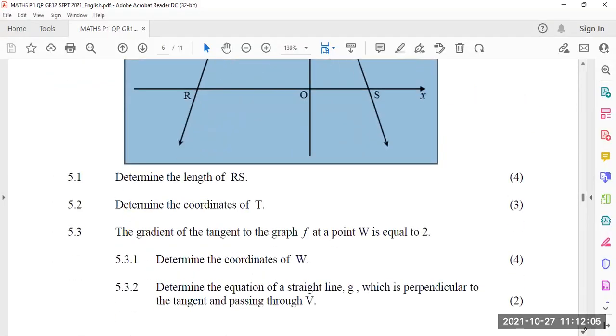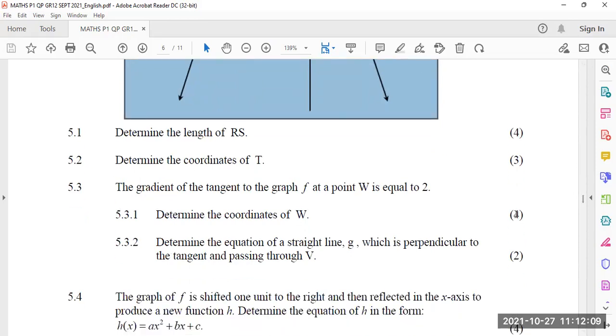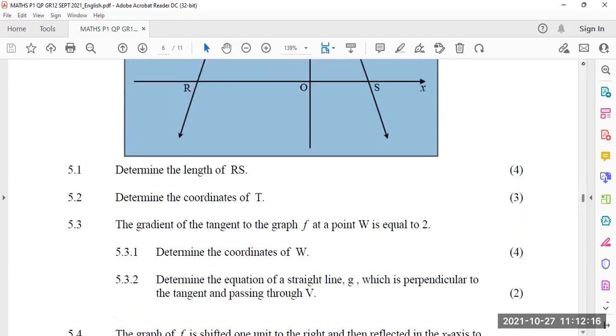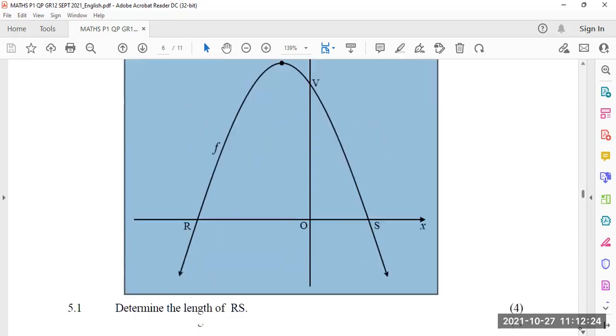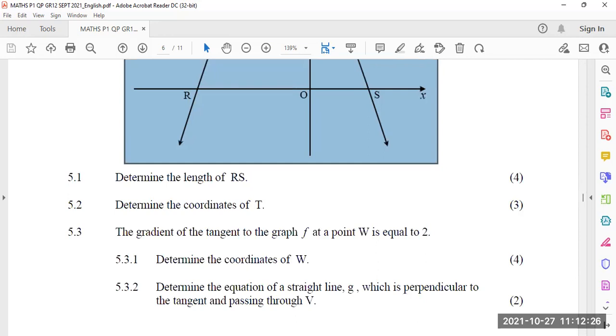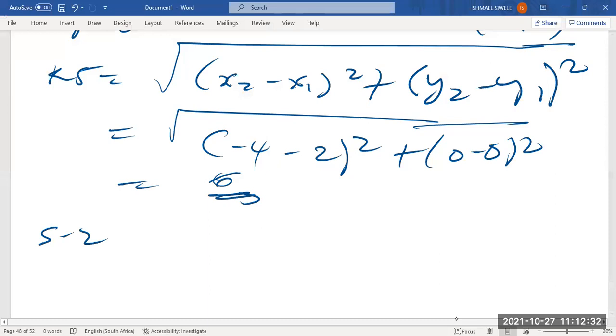We have managed to do number 1, and now we're supposed to determine the coordinates of T. T, that was what they mentioned to be our turning point, right? If I'm not mistaken. Yes, T is the turning point. So which question is this one? 5.2. So on 5.2, to determine the coordinates, we know that x is equal to -b over 2a, right?